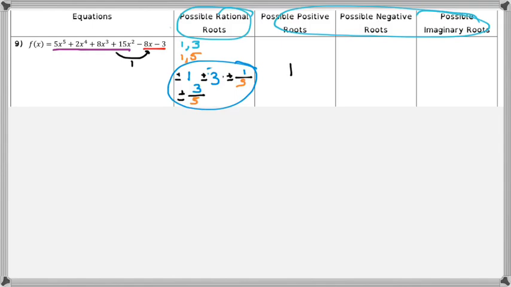Next, I am going to replace all my x's with a negative x. And so I have 5 times negative x to the 5th plus 2 times negative x to the 4th plus 8 times negative x cubed plus 15 times negative x squared minus negative 8 times negative x minus 3.